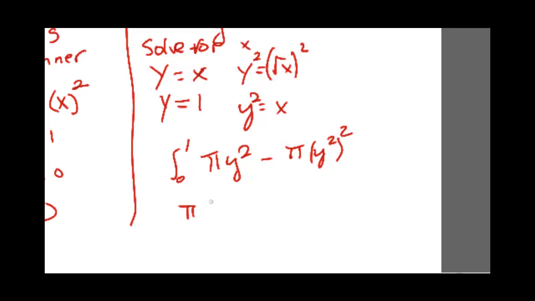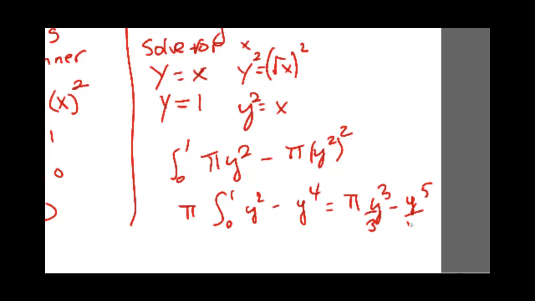We can factor out the pi. We're left with y squared minus y to the fourth. That equals pi times y cubed over 3 minus y to the fifth over 5. So we got pi times 1/3 minus 1/5.